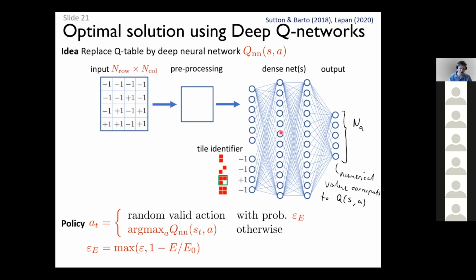While if we have a neural network, we can hope that it can map similar states to the same output, so it can identify patterns of similar states and generalize what we learn for a certain state to nearby states. So this is the main difference to the Q learning.